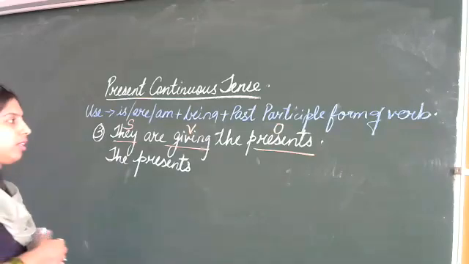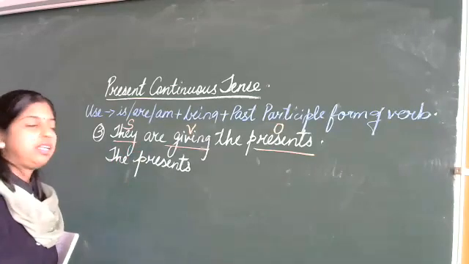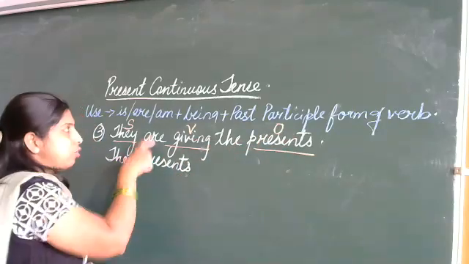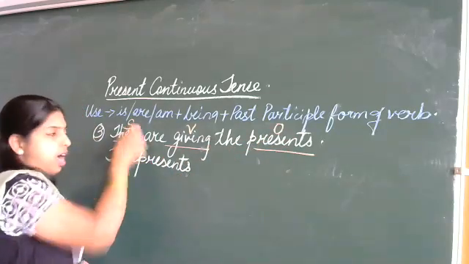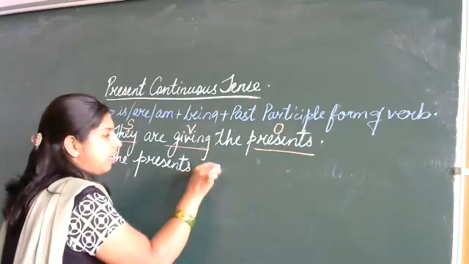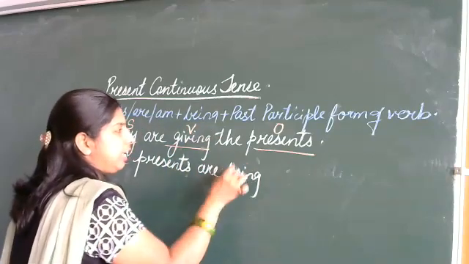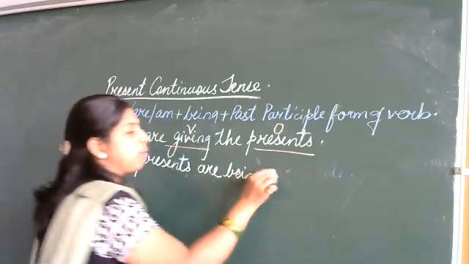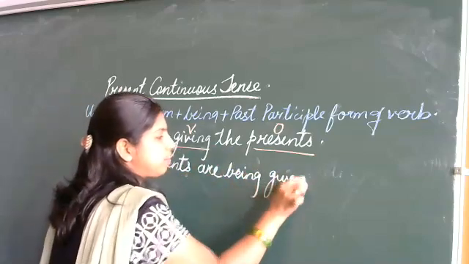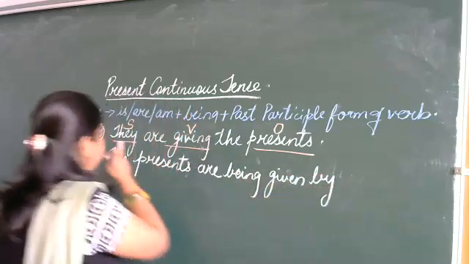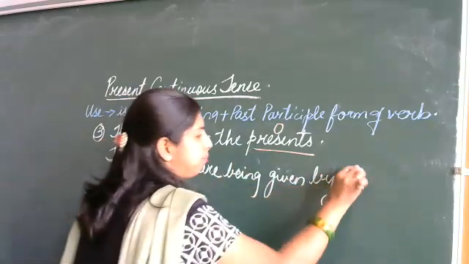Is given, is or are? How can it be is? Presents are plural here, so it is going to be are. Presents are being given. Giving changes to given, past participle. By: they will change to them.